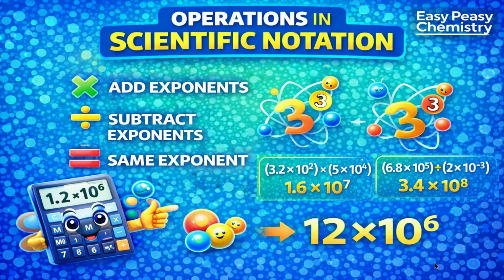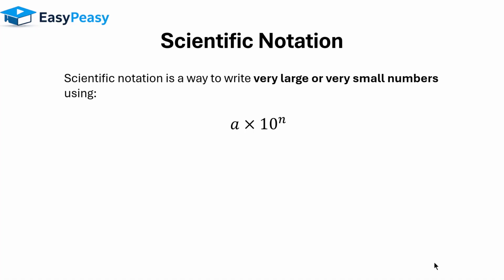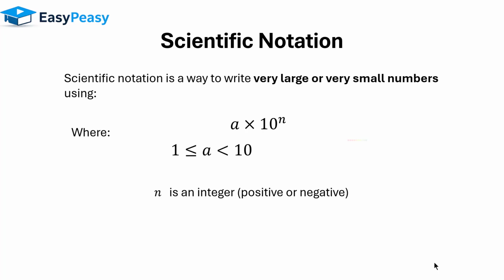Before we start the operations, let's do a little recap of what scientific notation is. Scientific notation is a way to write a very large or a very small number using this formula. Here A is a number between 1 and 10, and this little n on the top is an integer.